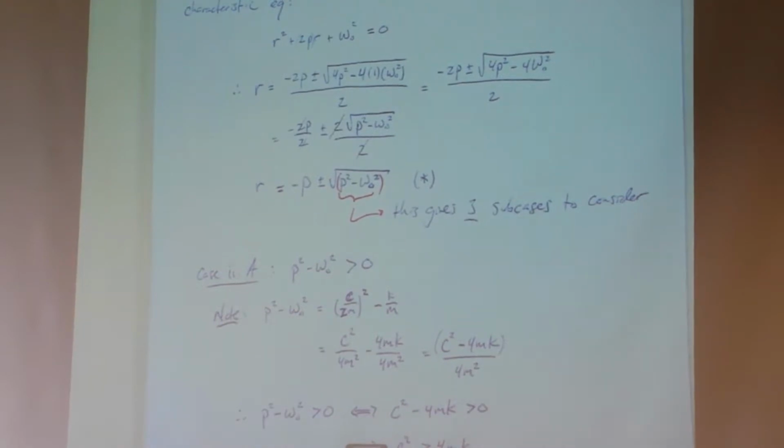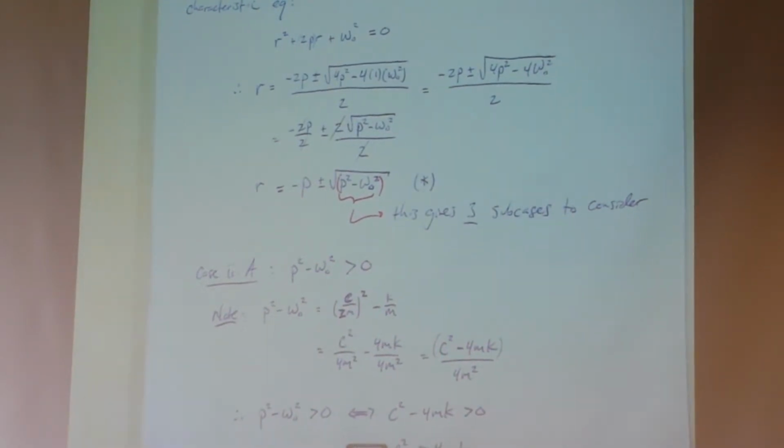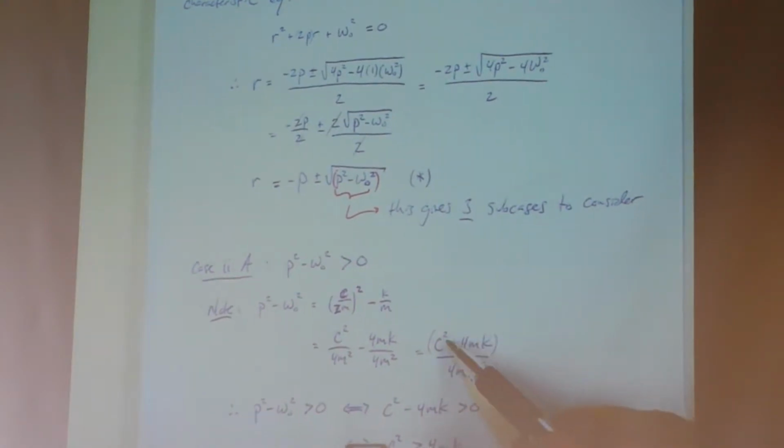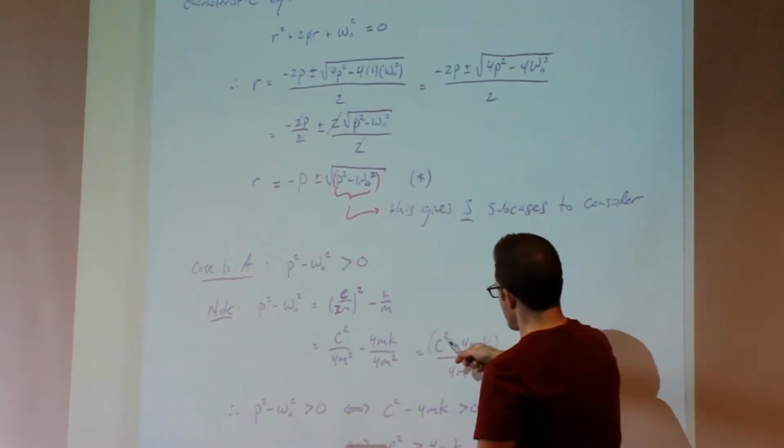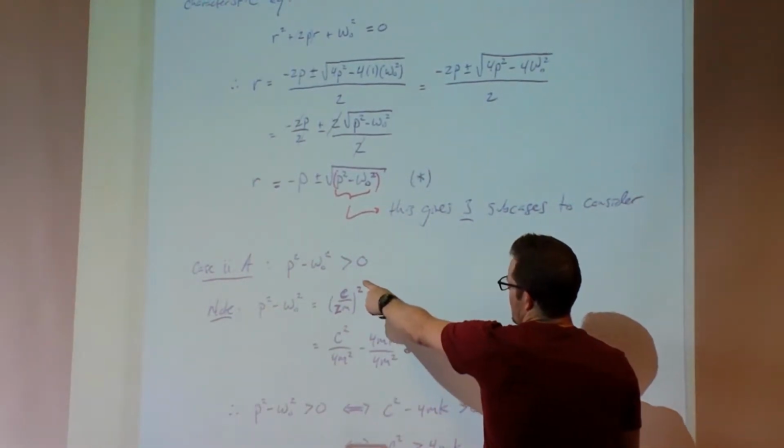Okay? So this is what they call an overdamped system. If c squared is greater than this 4mk, the critical spot is when you get a 0. So if c squared is equal to 4mk, that's what they call critical damping. So we got this one situation that breaks it up. If c squared is greater than 4mk, then it's positive.